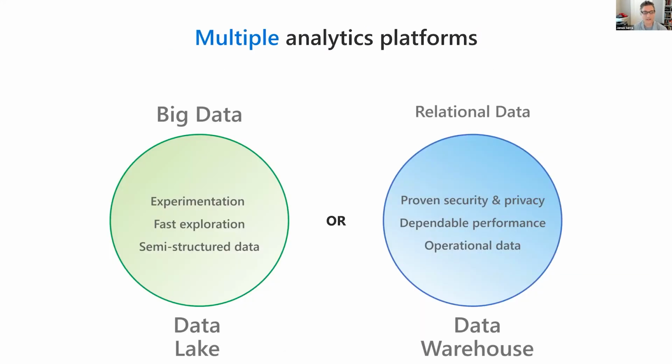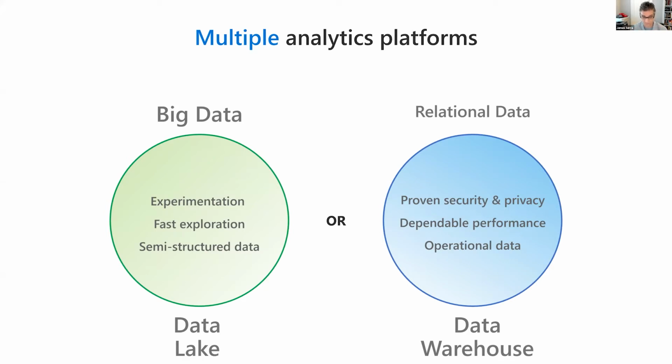Now, when we look at the world of data, there has been a data warehouse of relational data that's been around for decades. And then maybe 10 or so years ago, the concept of the data lake came out. The idea with the data lake is to take data, usually big data, meaning it could not only be large in size but could also be non-relational, semi-structured data.